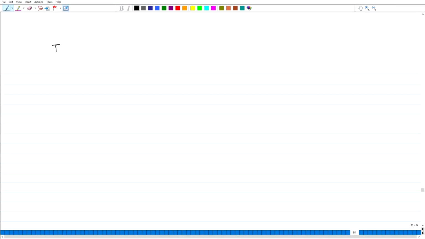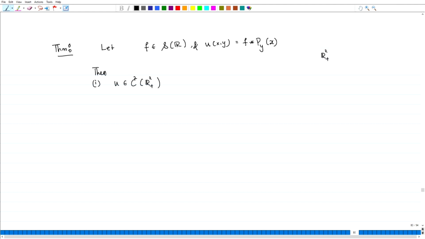So, the theorem, let us write it down: let f belong to the Schwarz space and u of x y is equal to f convolution of p y at x. Then u is in C2 of R2 plus, the upper half plane.